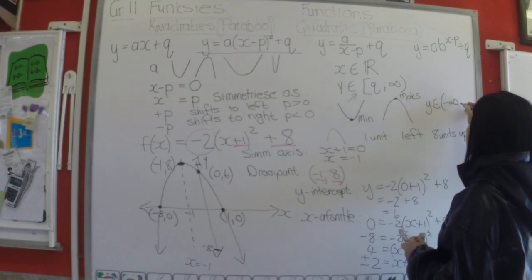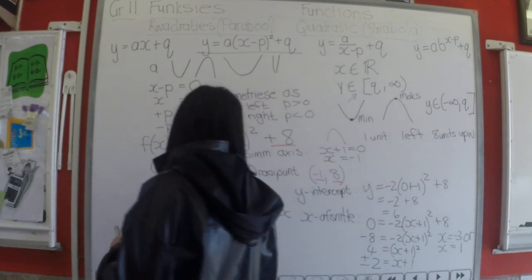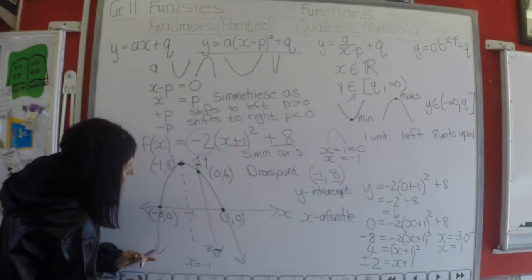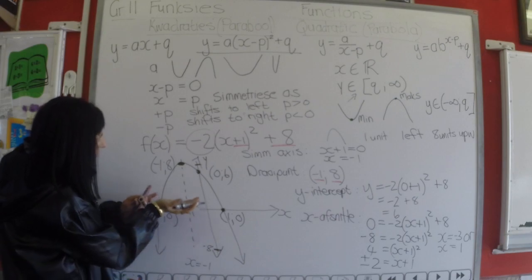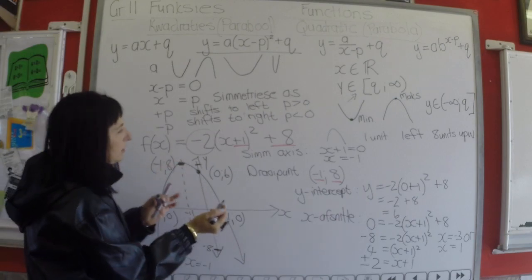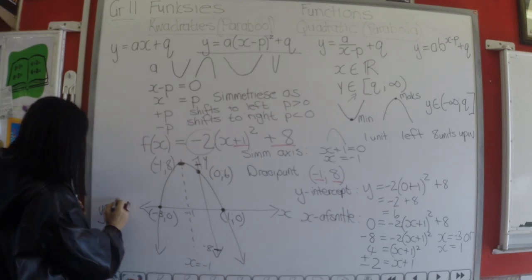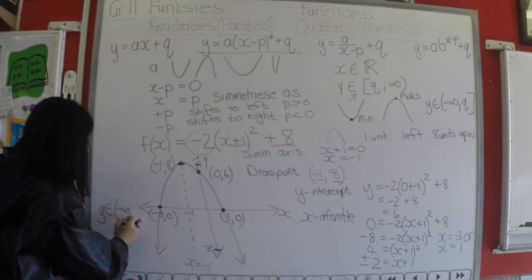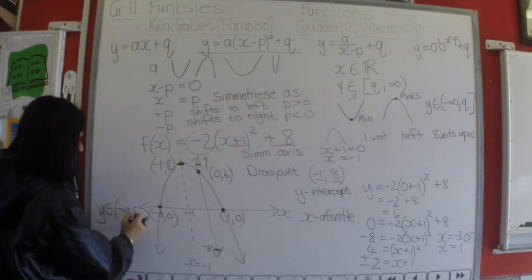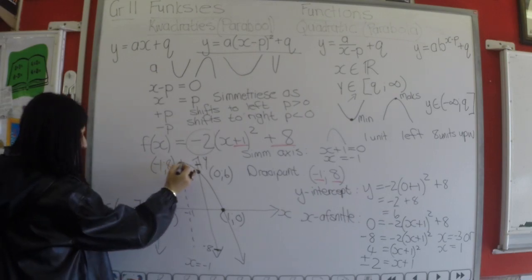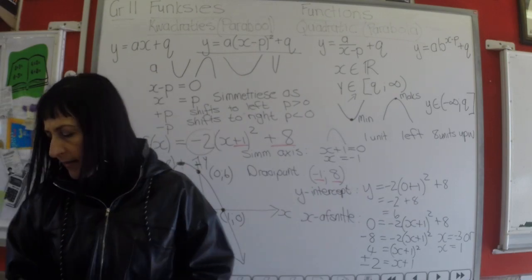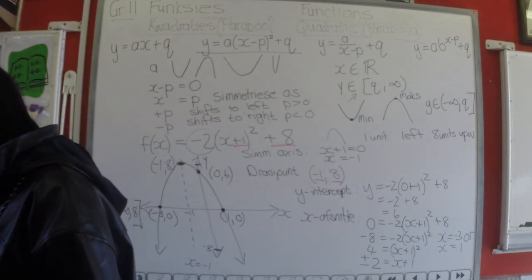It's from minus infinity up to q square bracket. So, kom ons kyk. My y-waardes is van minus oneindig tot by my q-waarde 8. So my y-waarde, the range, will be from minus infinity up to 8 square bracket because it stops over there, the turning point.